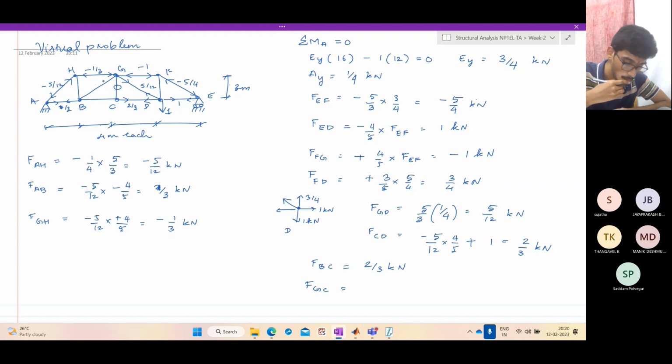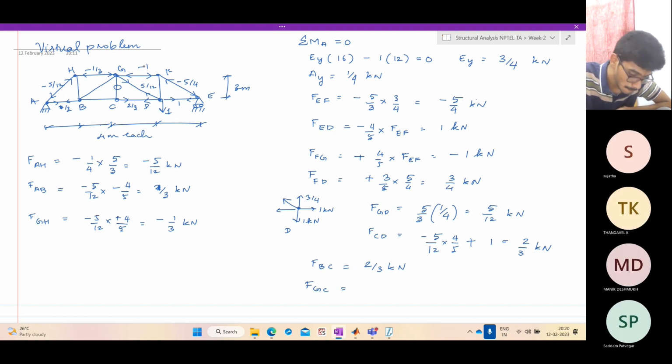And then, if you look at the point, this means FGB is equal to 5 by 12 tensile.